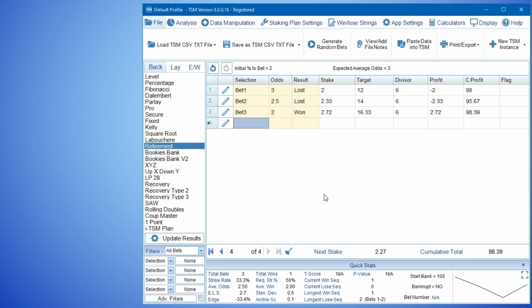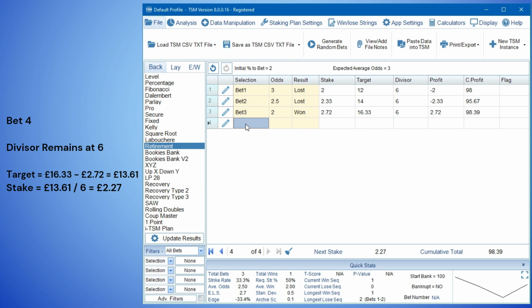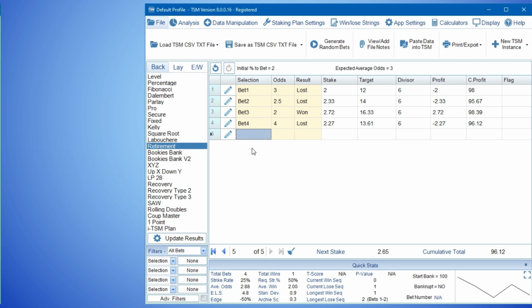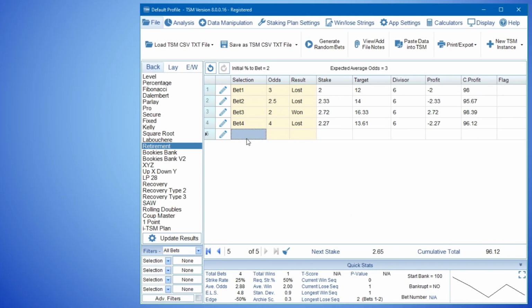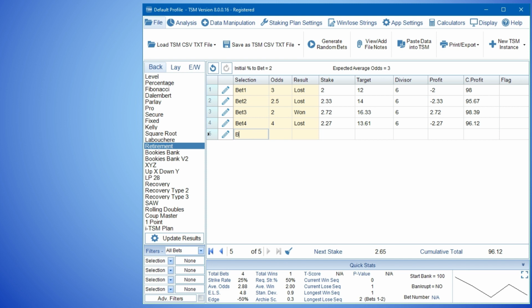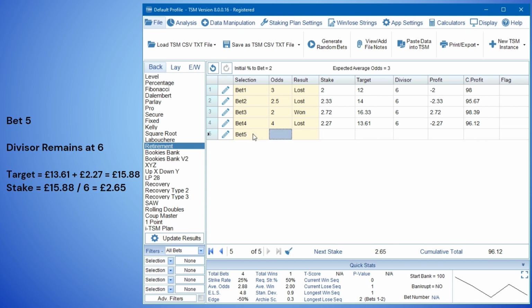Bet 4. This means our new target is 16.33 minus 2.72, which is equal to 13.61. Our stake is 13.61 divided by 6, which equals 2.27. Bet 4 loses. Bet 5. Our new target is now 13.61 plus 2.27, which equals 15.88.